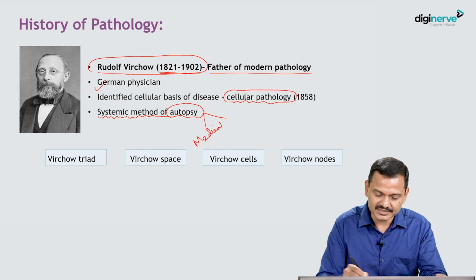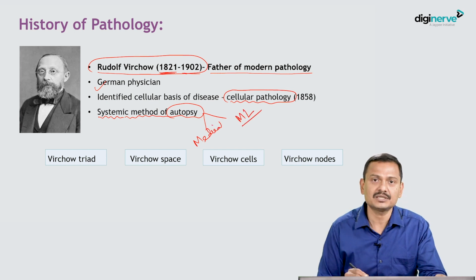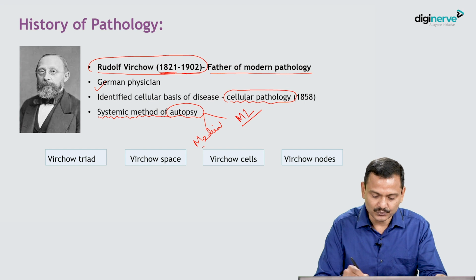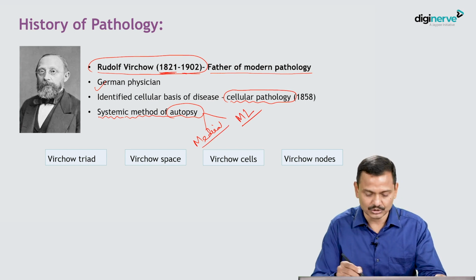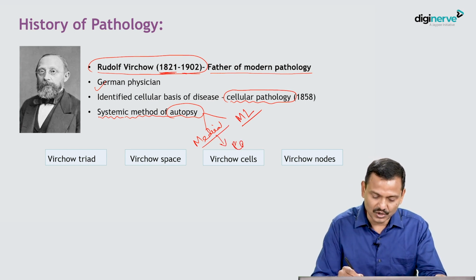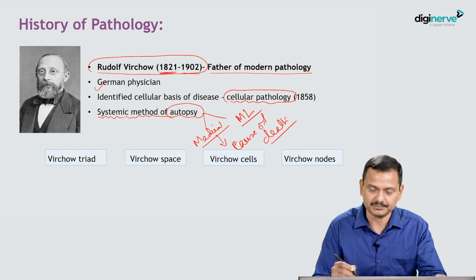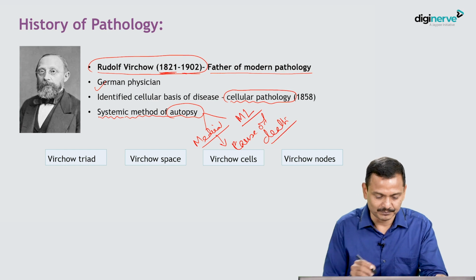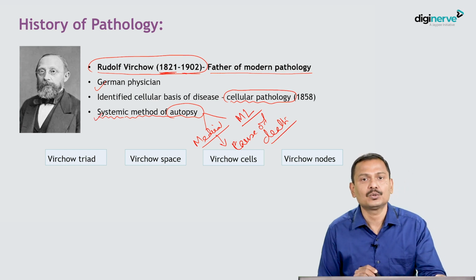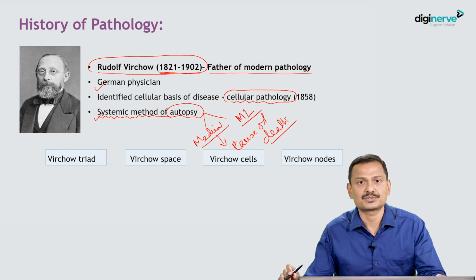Okay, one is a medico-legal autopsy, which is for legal purpose, whereas the other is just a medical autopsy to know the cause of death, or what the person was suffering from. So he was the first person who introduced the systematic method of autopsy.